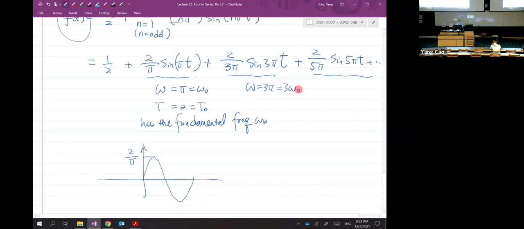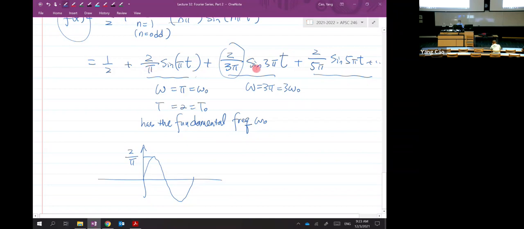Is that good? Yeah. And the amplitude here is 2 over 3 pi. Do you think 2 over 3 pi is bigger than 2 over pi or smaller? It is smaller, right?